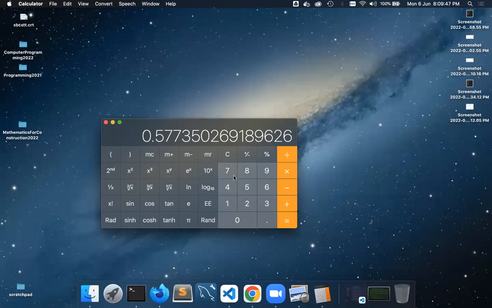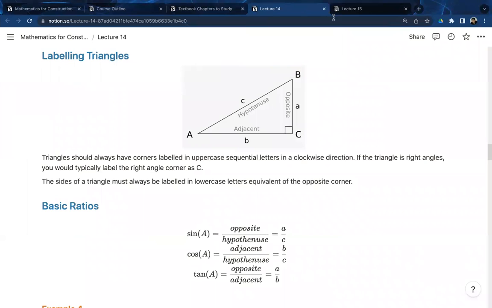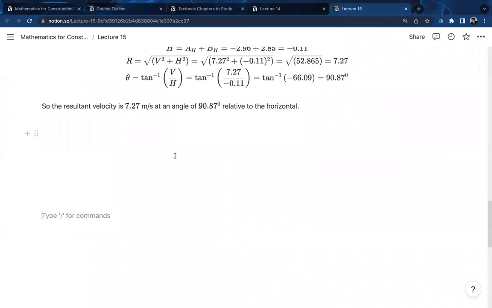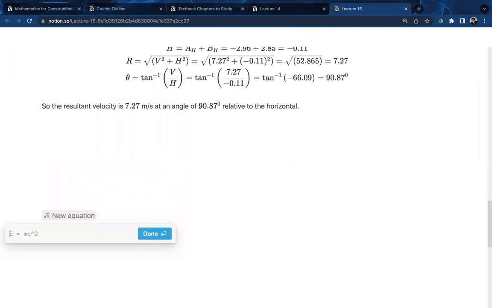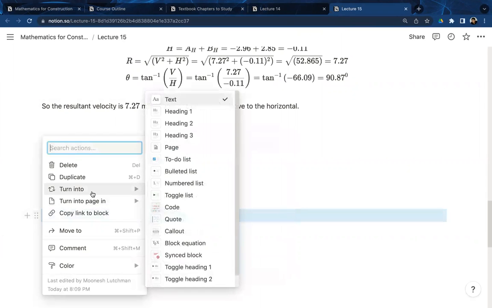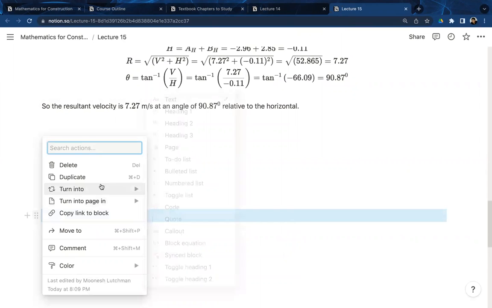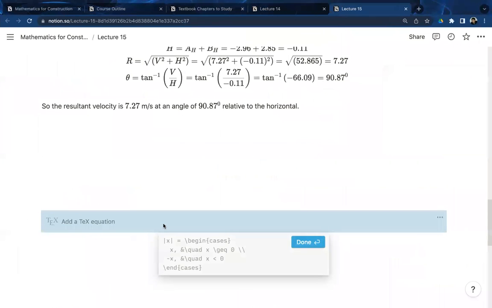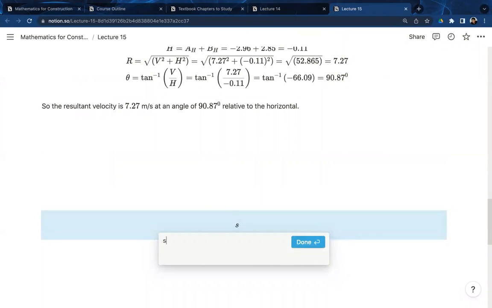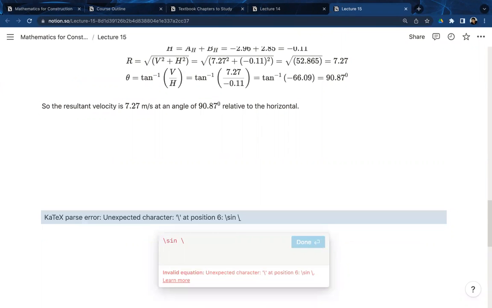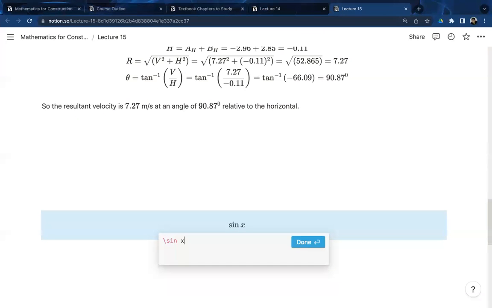Say you want to solve an equation, say I have the equation sine x equals negative 0.85.